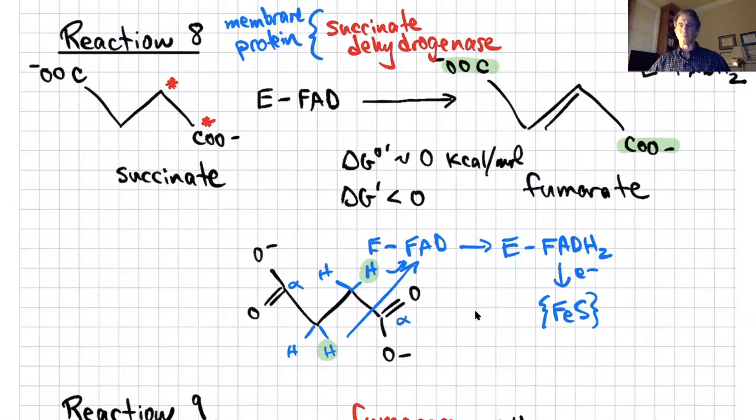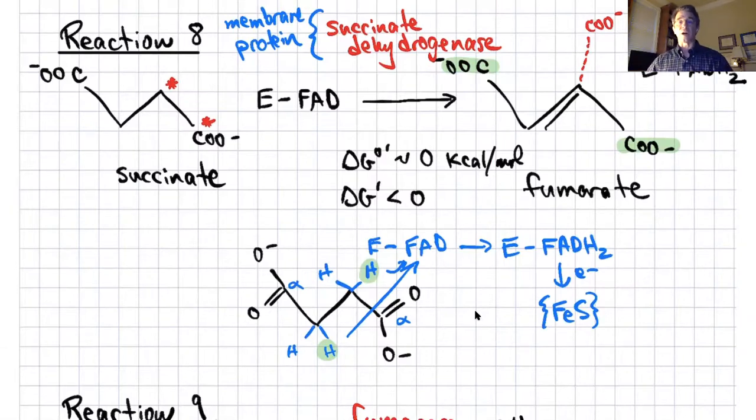You could have the trans isomer, which is what fumarate is, or you could in principle make the cis isomer here, right? That's kind of ugly, but depending upon how you ran that reaction, you can imagine making the cis version of that bond versus the trans.